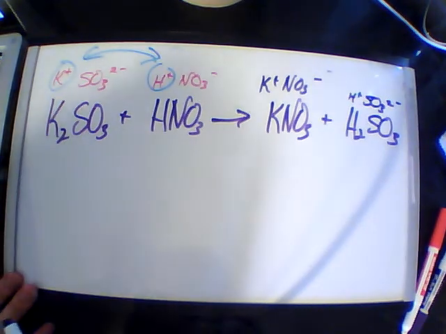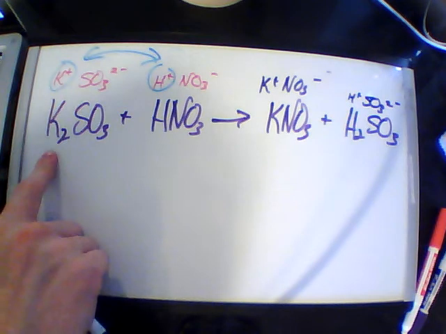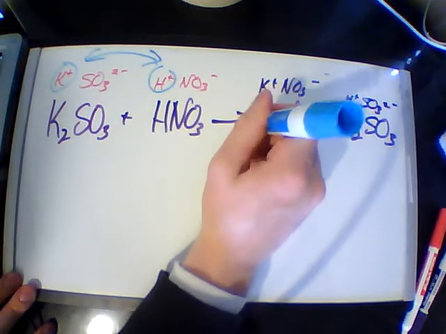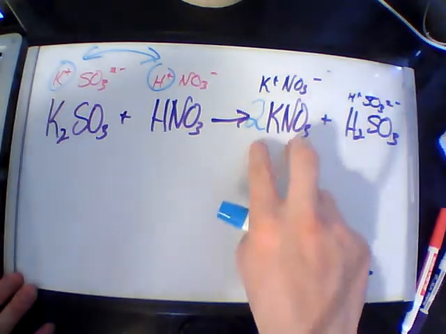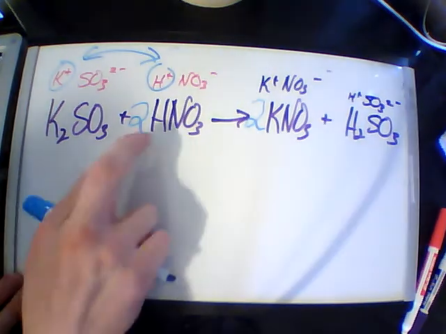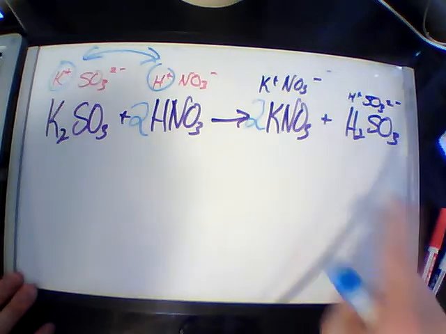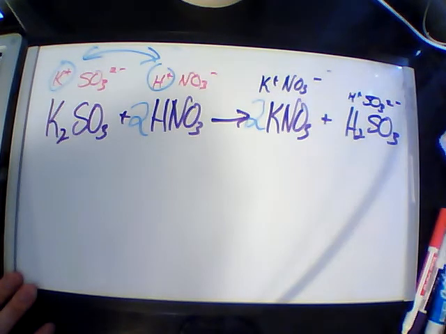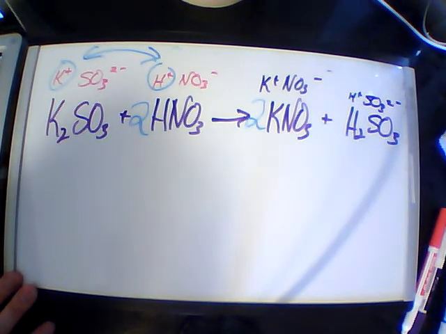So my polyatomics look good. But I have 2 Ks here, which means I need 2 Ks here, which now means I have 2 nitrates. So I'm going to put a 2 there to balance my nitrates. And that's also going to balance out my hydrogens. 2 on the left, 2 on the right. That is my balanced chemical equation.